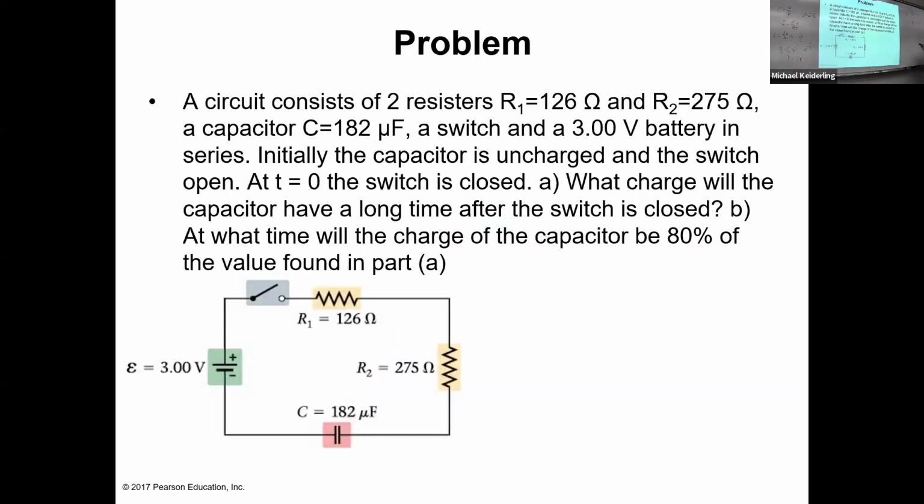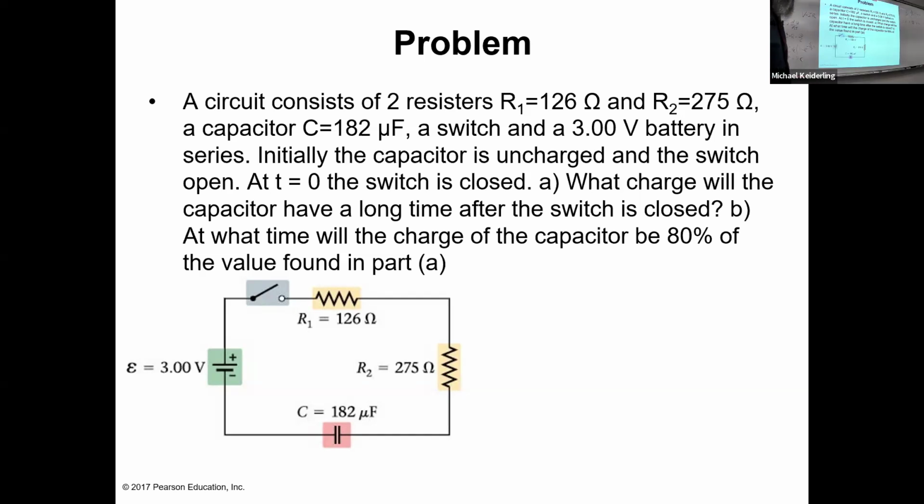So a circuit consists of two resistors of 126 ohms and 275 ohms, a 182 microfarad capacitor, a switch, and a 3-volt battery in series. Initially, the capacitor is uncharged and the switch is open. At t equals 0, we close the switch. What charge will the capacitor have a long time after the switch is closed? And at what time will the charge of the capacitor be 80% of the value found in part A?